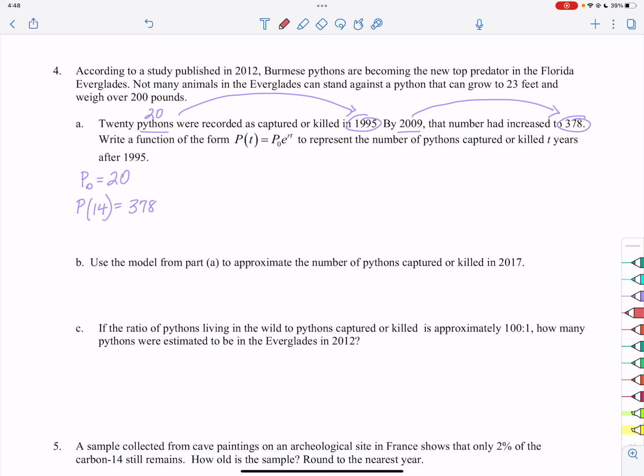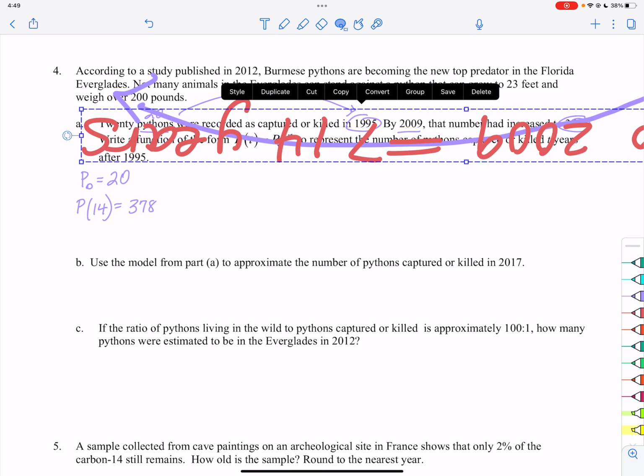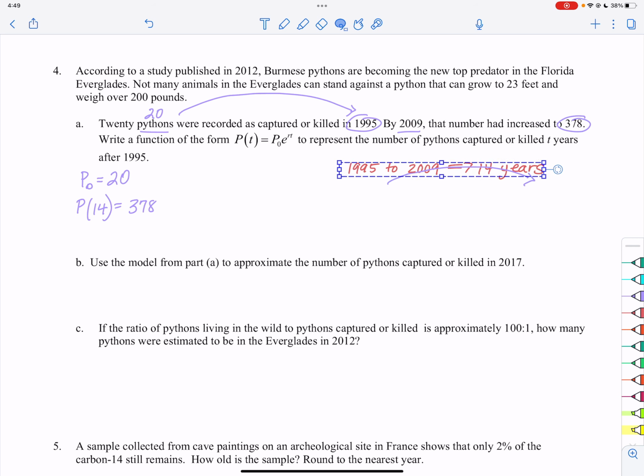Now we do need to take a look at that, because from 1995 to 2009, we have 14 years. And I could probably bring all of that down here.